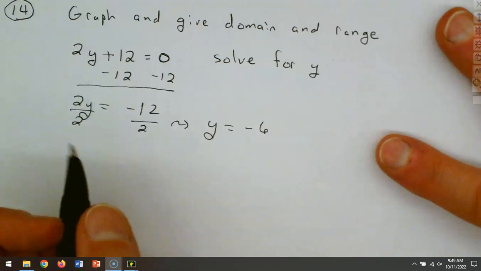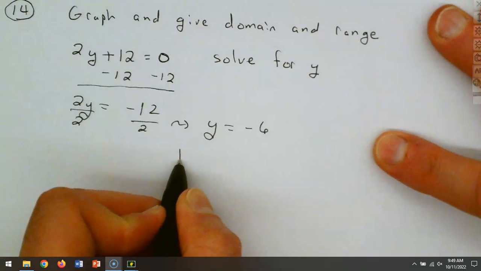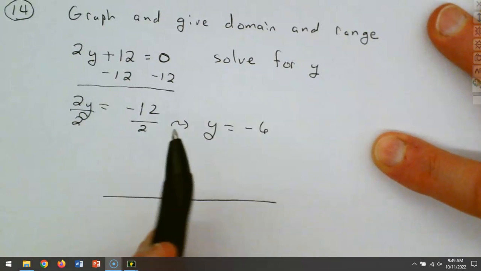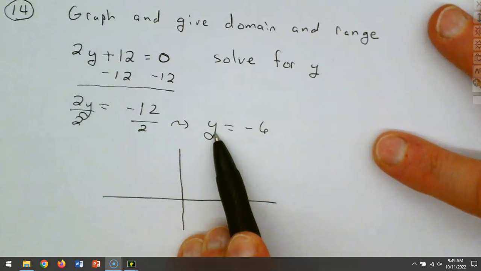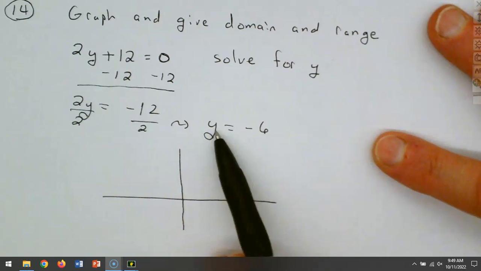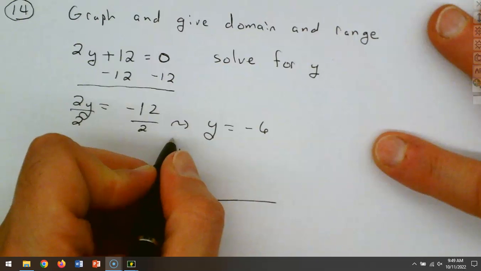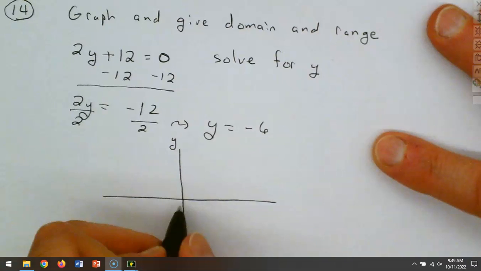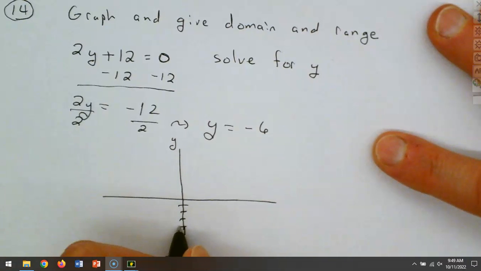How do I remember? Well, I'm going to go ahead and graph it. And what I do is I remember where the y is. Okay, y is the vertical part. So we're going to find out where y is negative 6. So this is your y-axis here. And this is, of course, negative y down here. We're going to go down 6 units. So it's right there at negative 6.